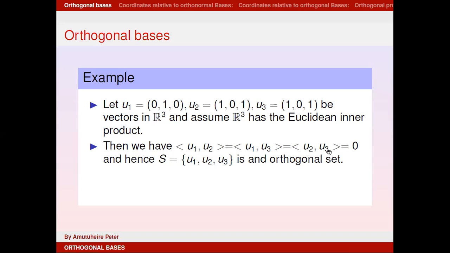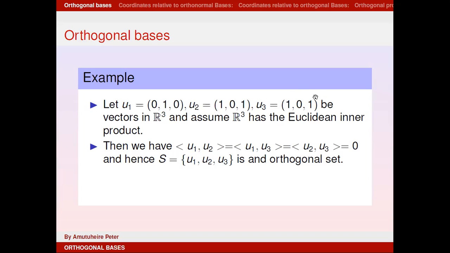Now the inner product of u2, u3 gives us 1, plus 0, plus 1. Okay, there's an error here. You see, this u2 is the same as u3. So this was supposed to be a different vector.